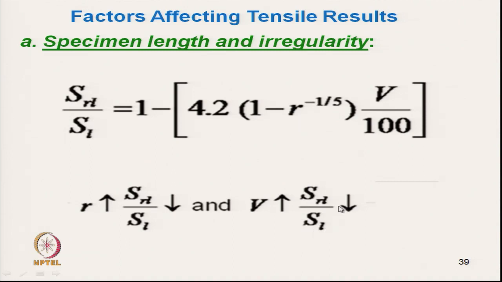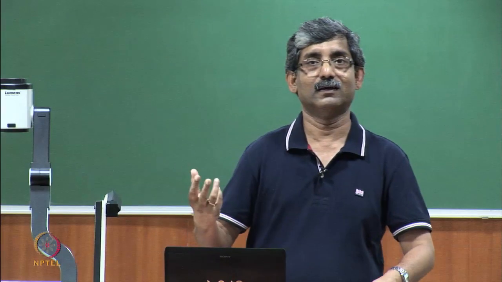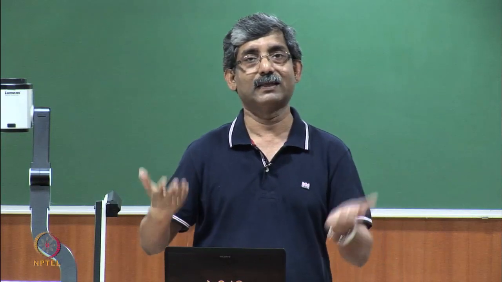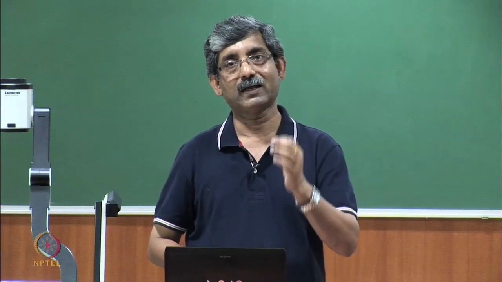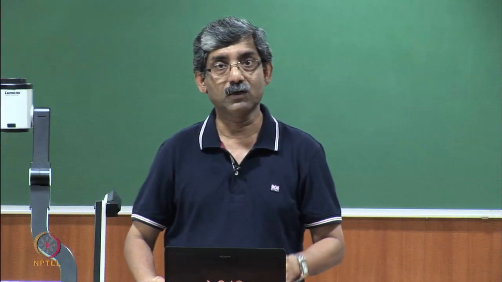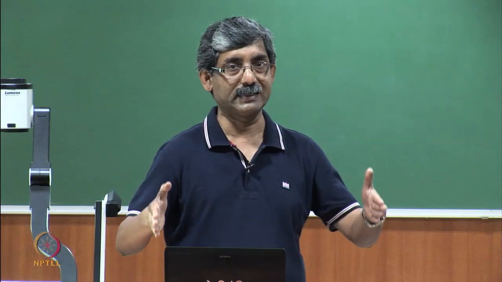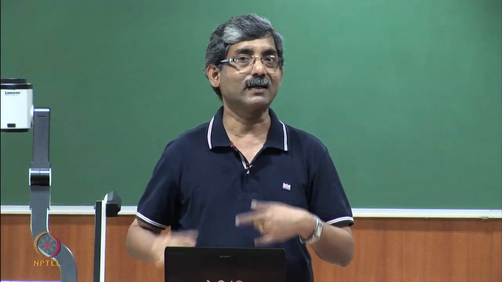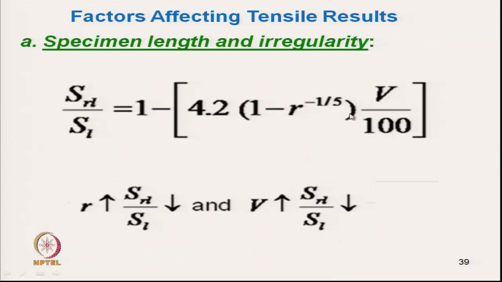So, if we take an irregular yarn, keeping the same gauge length, with higher irregularity the strength will drop. But this equation shows that if we keep the gauge length the same, the effect of CV cannot be seen, because R will be 1 if we only change the variability.